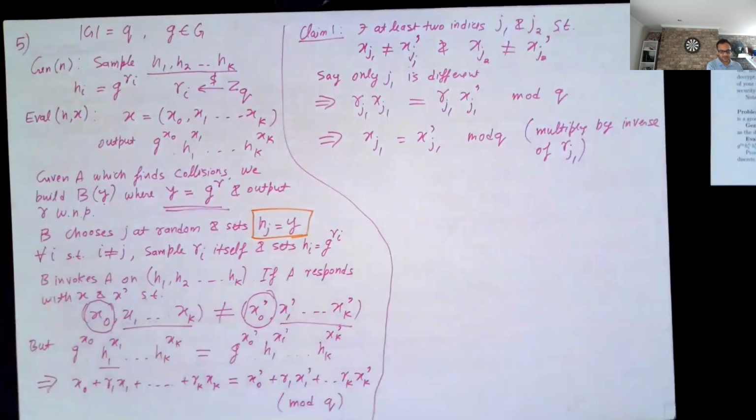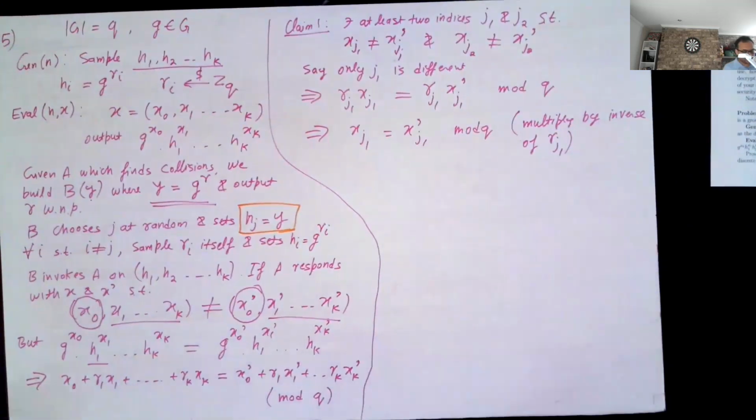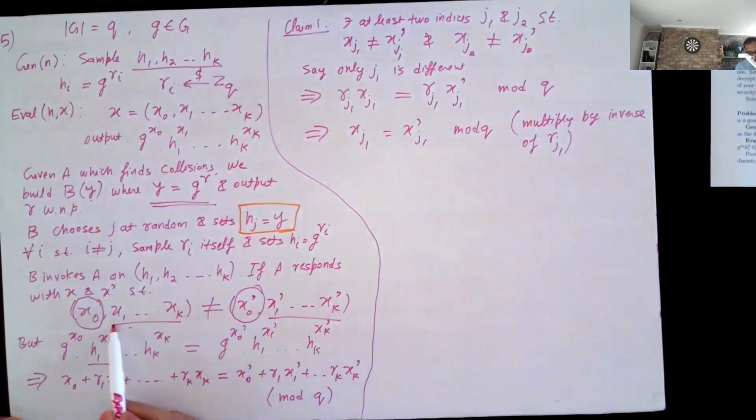Okay, inverse exists because q is a prime. So at least two indices are different.